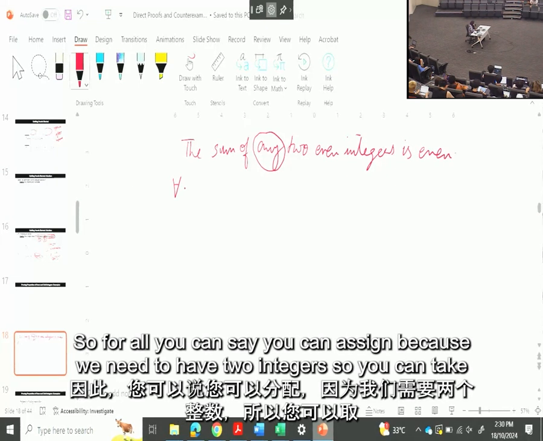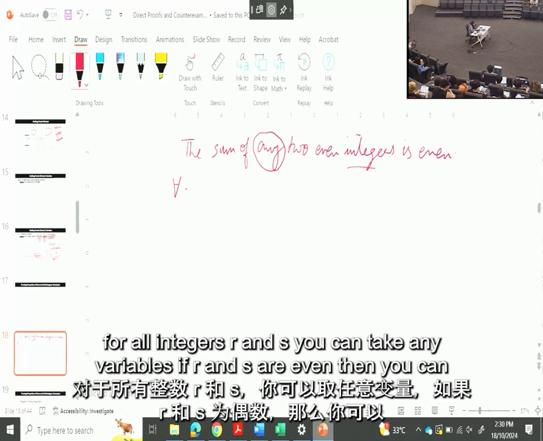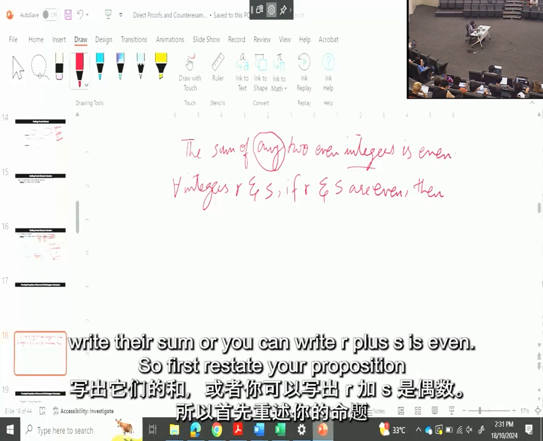So, for all integers r and s, you can take any variables, if r and s are even, then their sum, r plus s, is even.